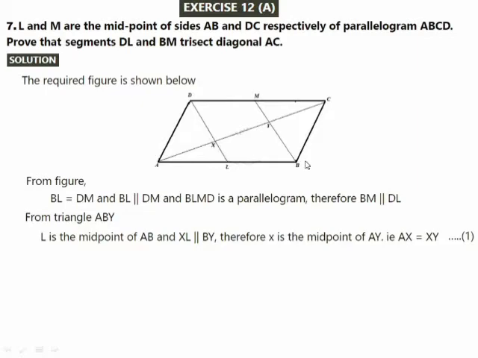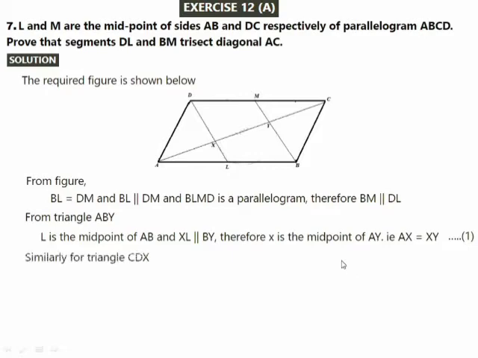Yes. L is the midpoint, and XL and BY are parallel, so X must be the midpoint of the side AY. If X is the midpoint, then AX must be equal to XY. That's what is written here.